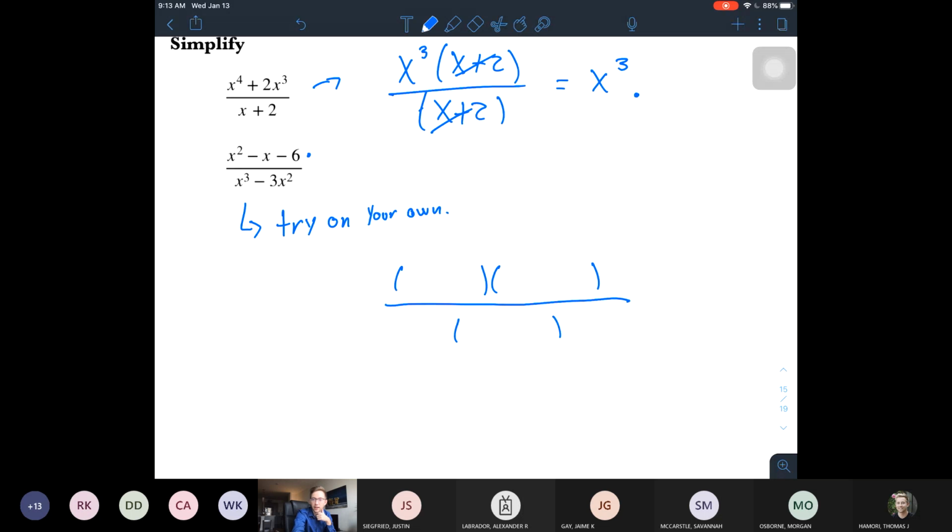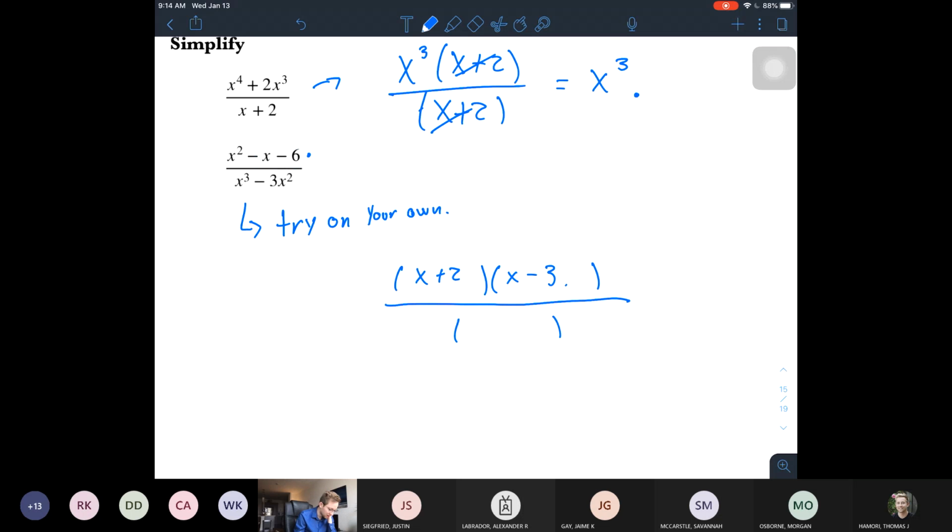Yeah, it looks like everybody's got the same idea here, which is great, because that's the right way to factor it. Order doesn't matter. Remember, we're multiplying, so I'll just pick one randomly. We'll do x plus 2 and x minus 3. That's right, because 2 and negative 3 will multiply to get us negative 6, and if we add 2 and negative 3, we will get negative 1, which is what we need.